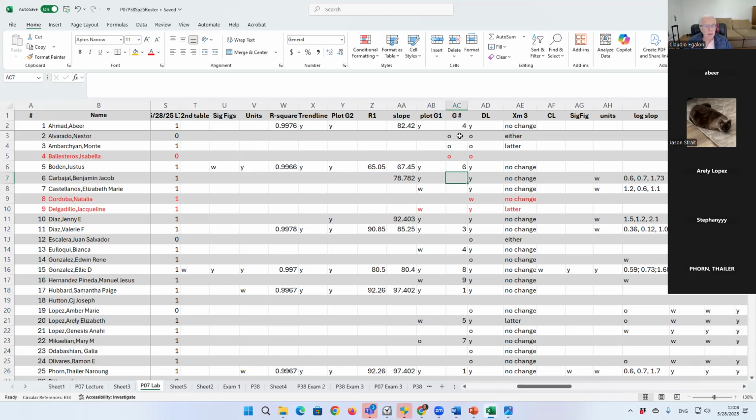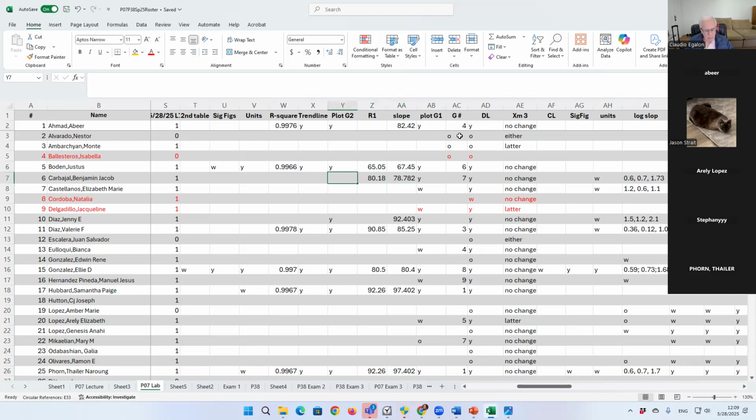Next one here is Benjamin Carvajal. Hello, Benjamin. Group 7, thank you. R1 was 80.18, right? 80.18. So you're getting maybe 2 or 3% difference between the slope, the experimental value, right? Experimental value is the R1 that you measure with the multimeter. The result is the slope value of your graph.